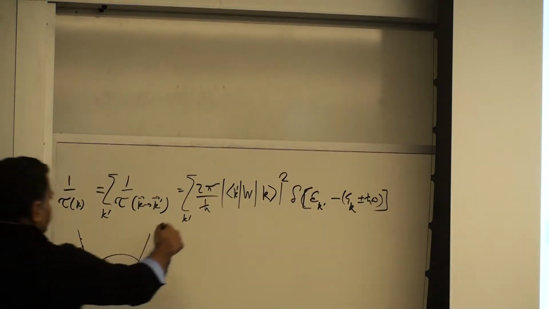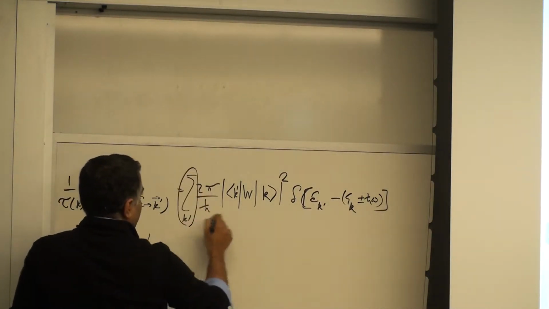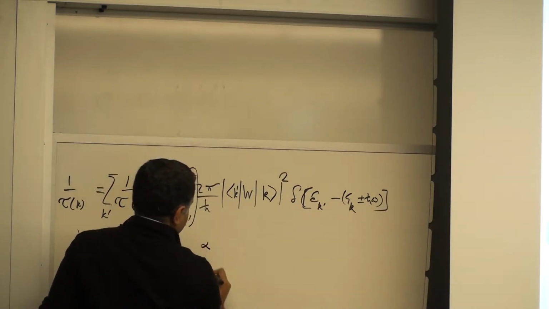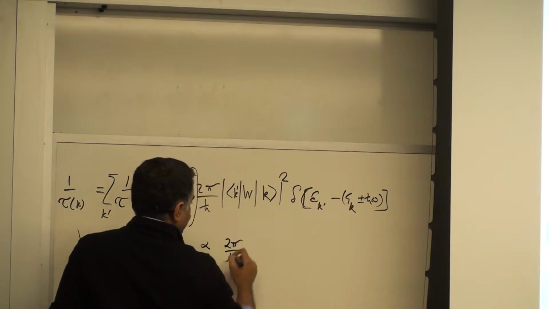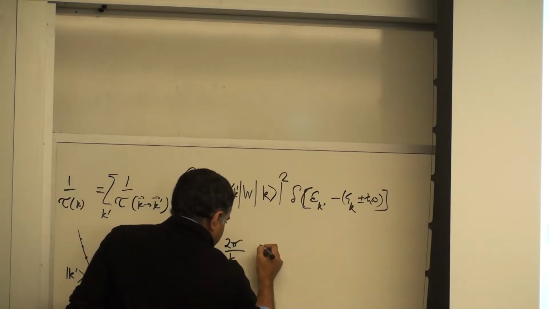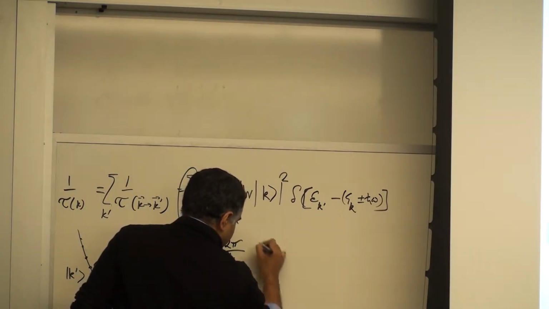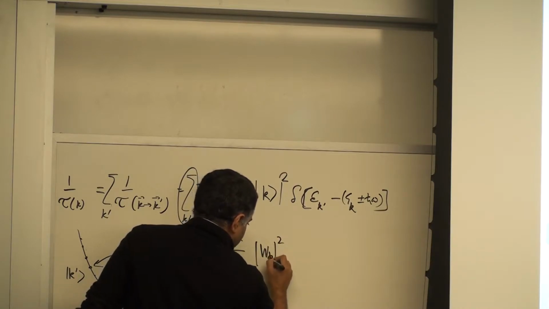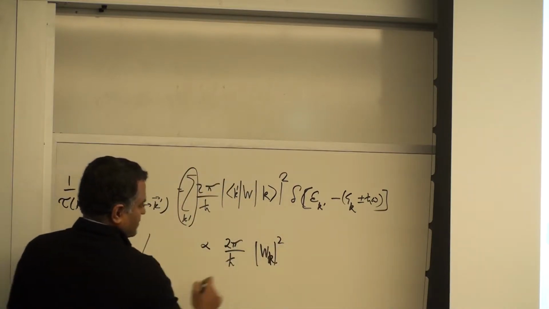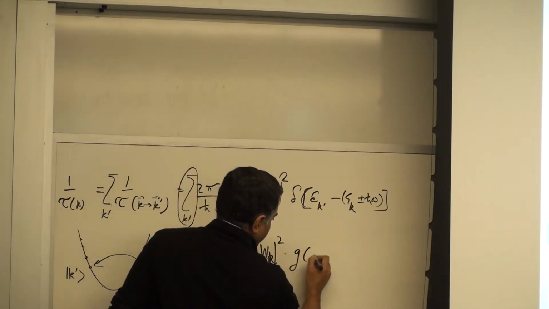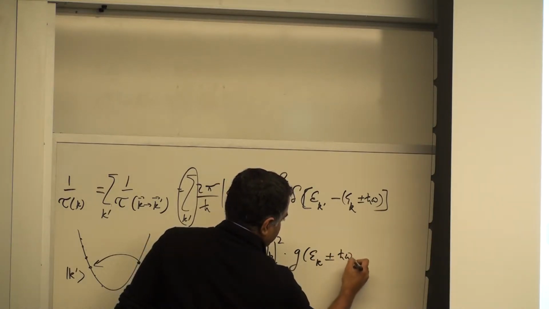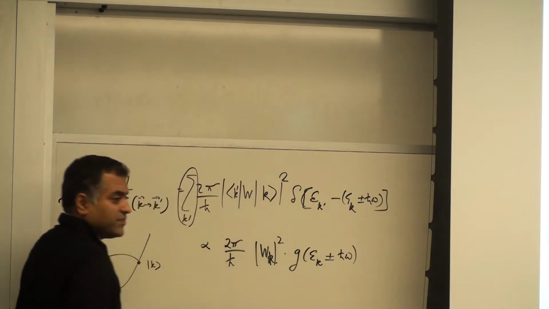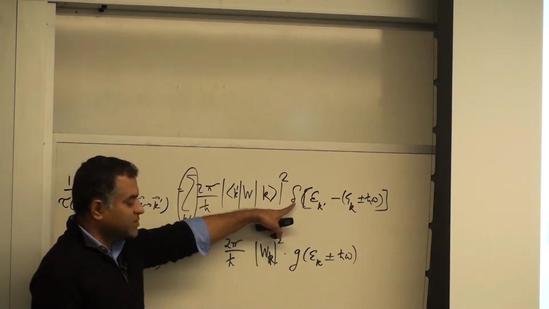But no matter what, when you sum over these delta functions, what you end up getting is always going to be in this fashion. It will be 2 pi by h bar, a certain matrix element squared that depends on k, obviously, because you're finding a function of k, times the density of states of the final state, plus or minus h bar omega. I think you can probably see it because you're summing over delta functions.